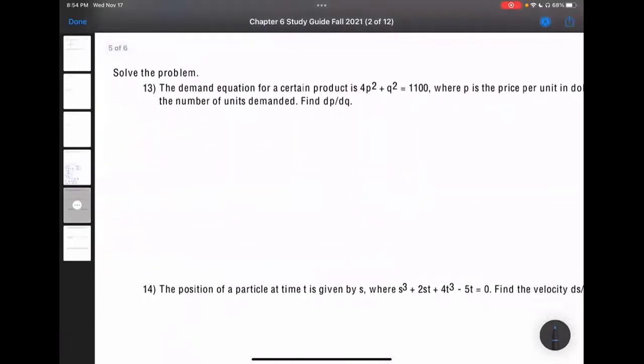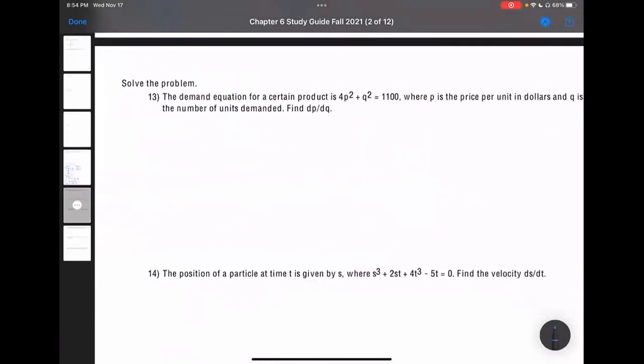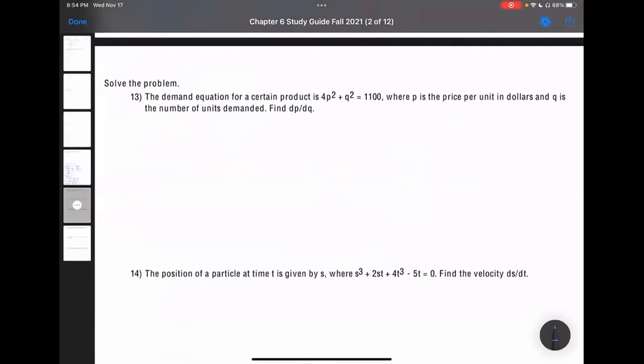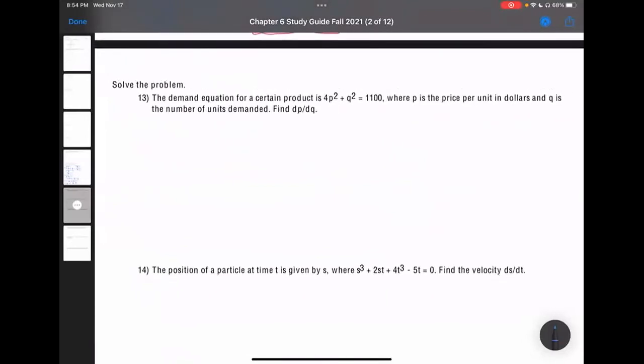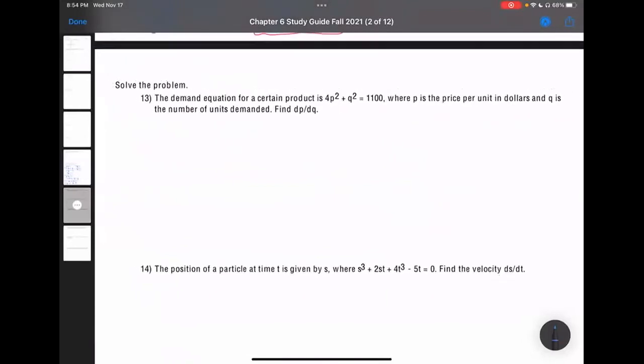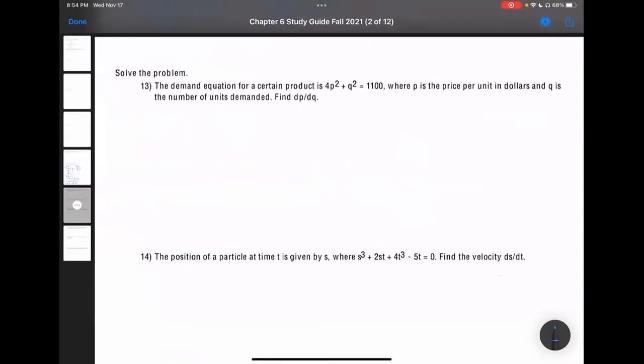Okay, so moving on to our word problems. Number 13. The demand equation for a certain product is 4p squared plus q squared equals 1100, where p is the price per unit in dollars and q is the number of units demanded. We're looking for dp dq, so the derivative of p with respect to q.